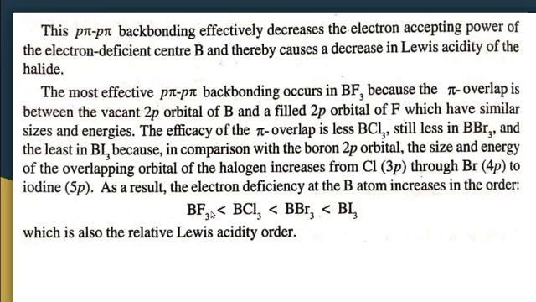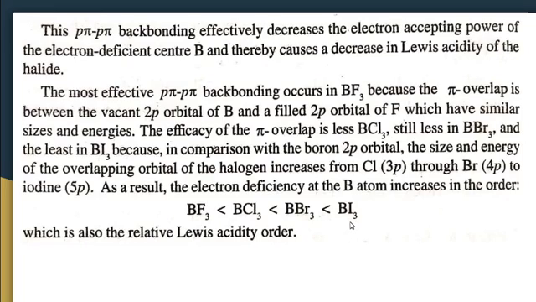Usually we expect high Lewis acidity for BF3 because of the high electronegativity of fluorine, but because of the p pi back bonding present in the boron trihalides, and because of the most effective p pi back bonding present in BF3, it will act as a weak Lewis acid compared to other halides.